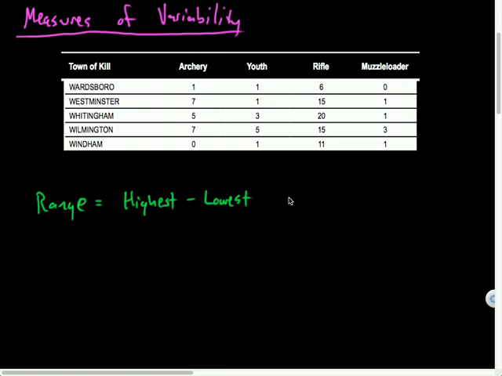It's telling me how spread out my data is, the extreme most values of the data and where it's located, right? So let's actually, for my little chart here, let's find the range of each season. Okay?